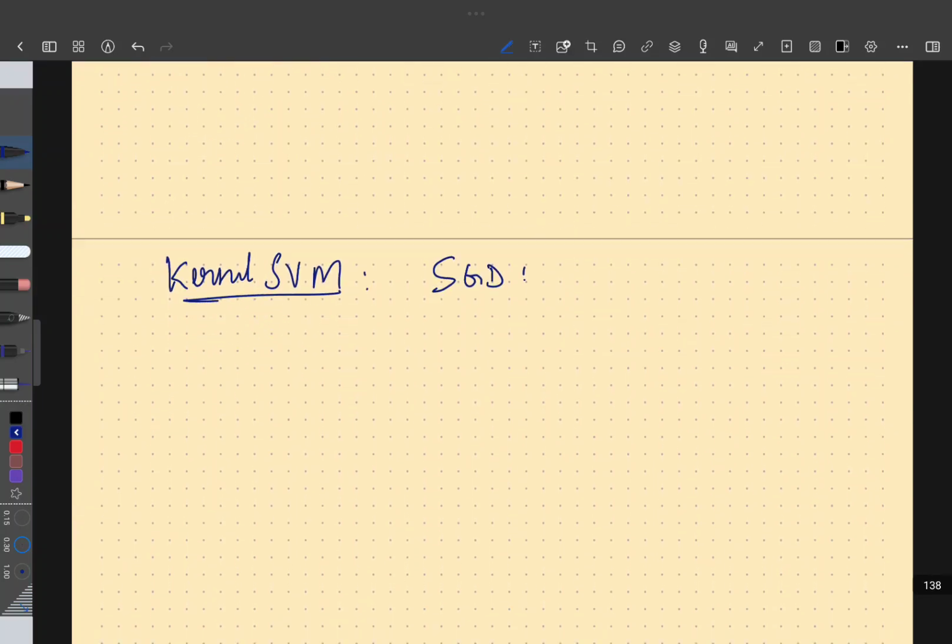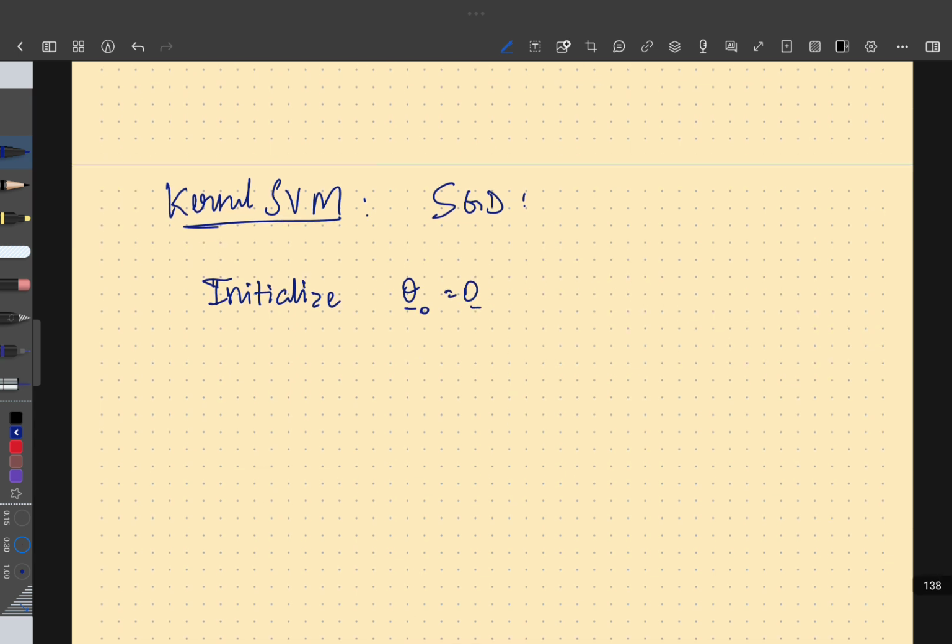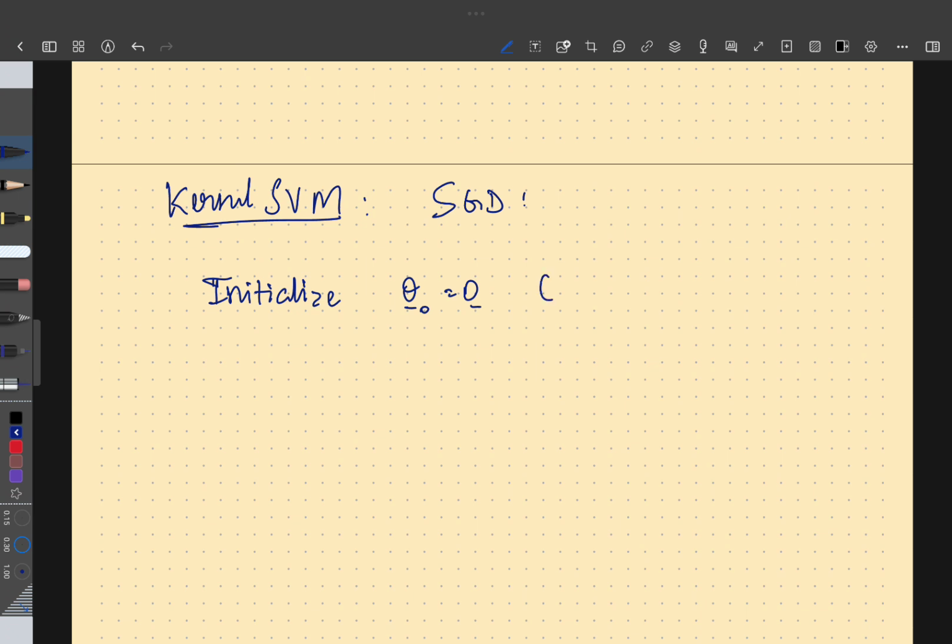So you're given a bunch of data points x1 through xn, and the kernel SGD would work as follows. You initialize some vector theta naught, let's say you set it equal to 0. Remember that all of these are in Rn, where n is the number of data points that you have.